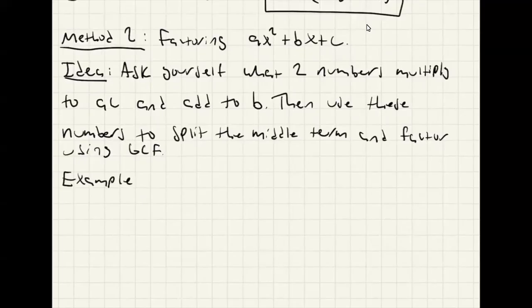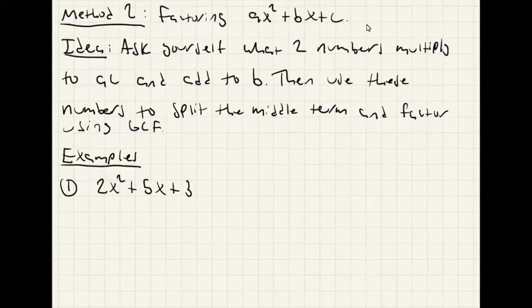So let's do examples. And I'll just illustrate these steps. So let's factor 2x squared plus 5x plus 3. So for this, a is the number in front of x squared, b is the number in front of x, and c is the number without any x's. So a equals 2, b equals 5, and c equals 3.